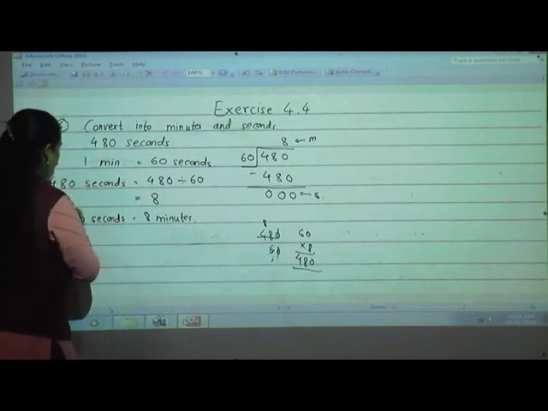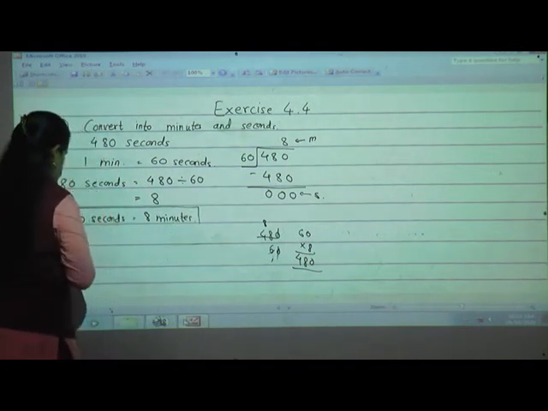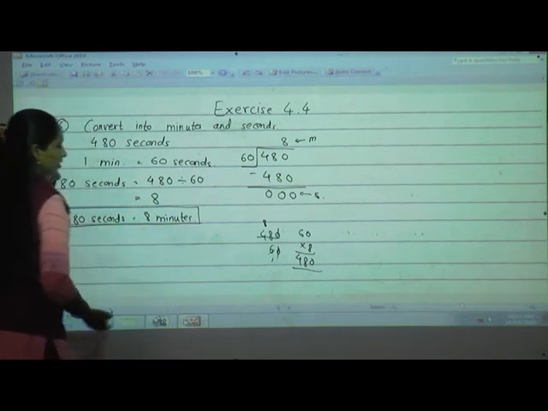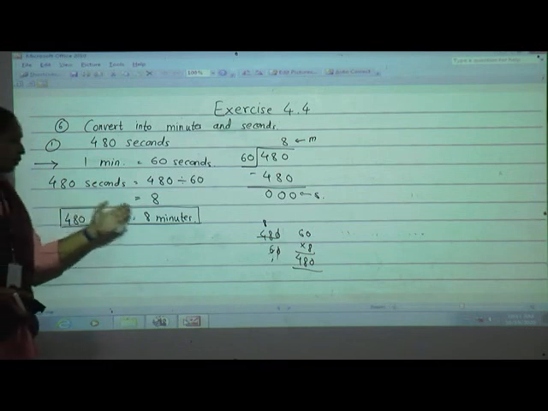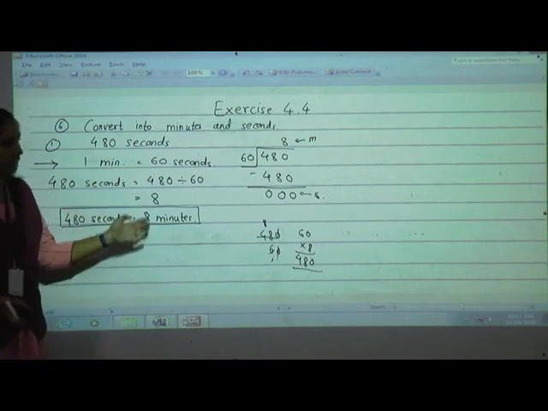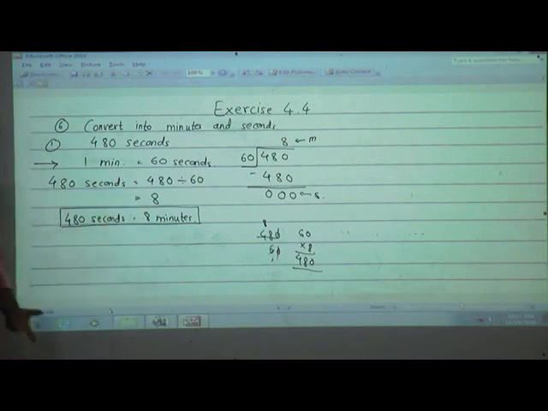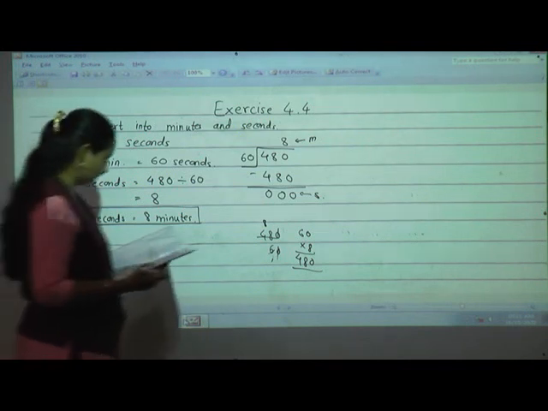This writing is very important, students. Otherwise you will lose marks here also. So what you have done exactly, whether you have converted into hours, minutes, seconds, if you don't write, how will we come to know? Not at all. So it is very important, you have to write and do the bracket in this way by using scale and pencil. The presentation will be good.